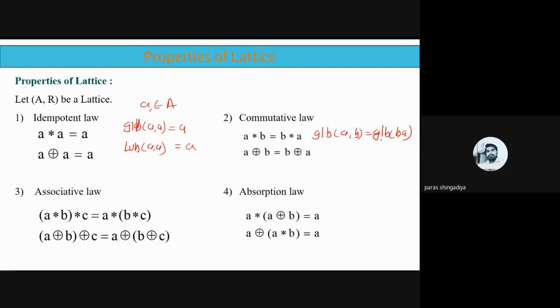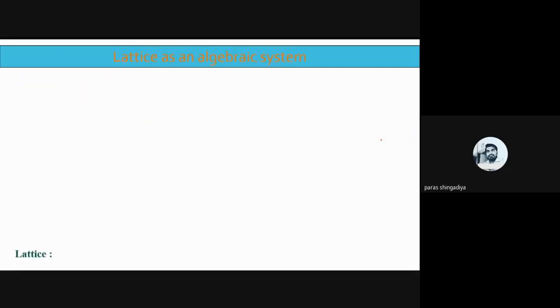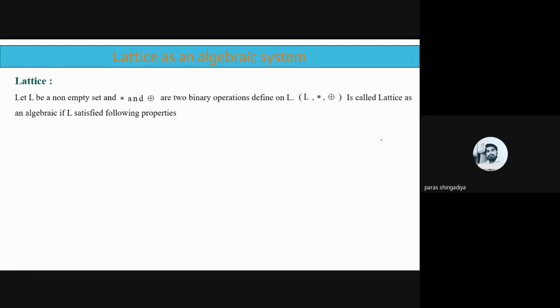So let us use it to give the definition. Lattice as an algebraic system. Let L be a non-empty set, any set is given. Let L be a non-empty set, and star and ring sum are two binary operations defined on L. Then the notation for that is L, star, ring sum.